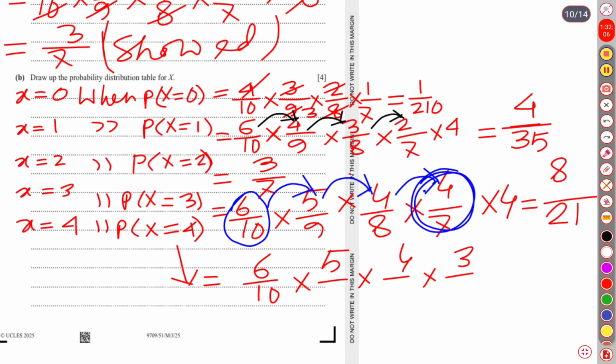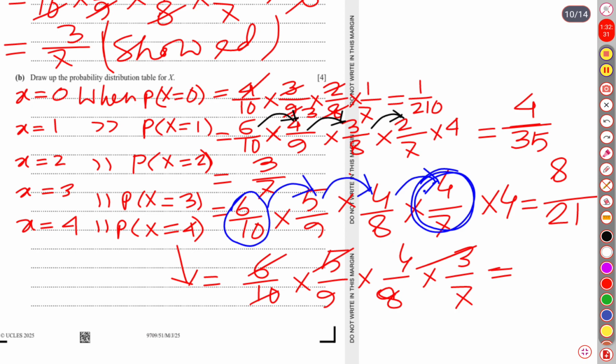All of them are blue, and every time one marble is being decreased, so there is only one possible case when all four are blue. And if we simplify this, 6 5 are 30.